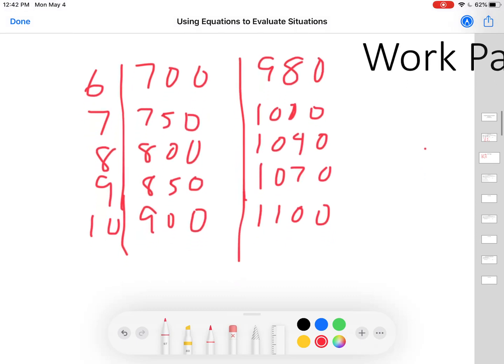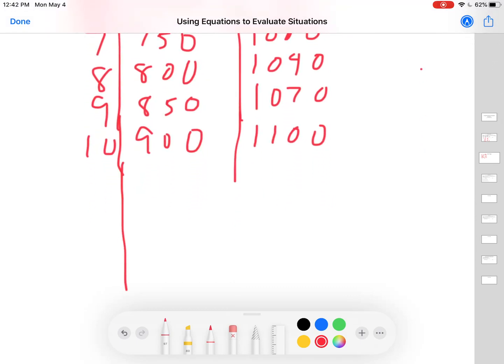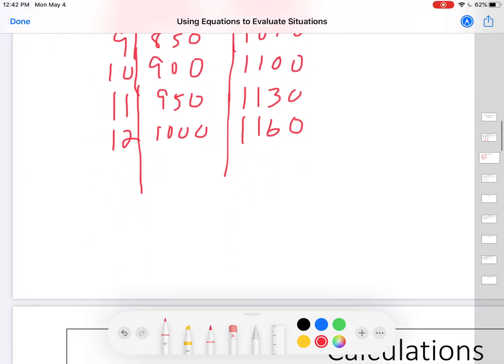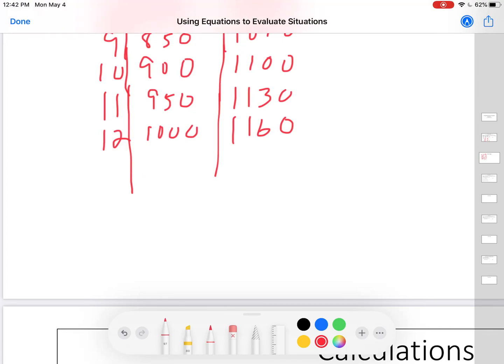Look, now they're only 200 apart. See? Andromeda's catching up. 11, 950, 1,130. 12, 1,000, 1,160. I think you're going to see one of the reasons I don't like tables is they take too long.